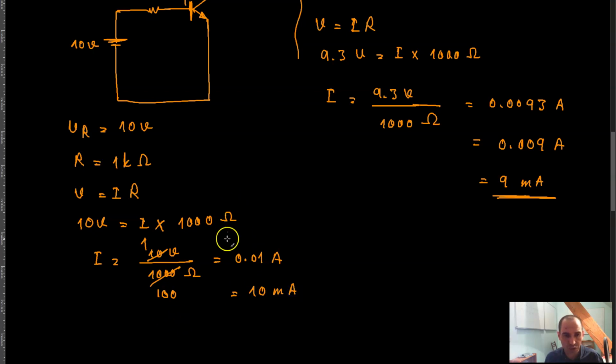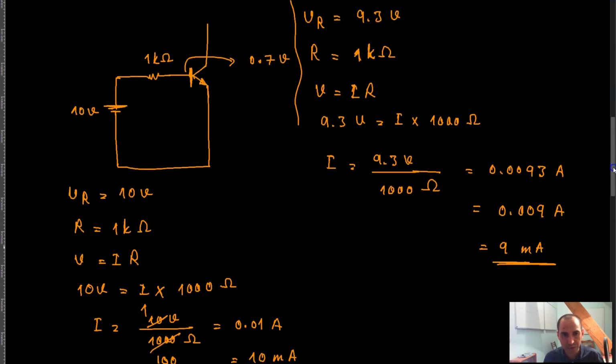So now, as you can see, the current that I calculated over here was 9 milliamps, and the current that I calculated here was 10 milliamps, meaning that there is only 1 milliamp difference between the currents that you calculate. So there is not much difference.